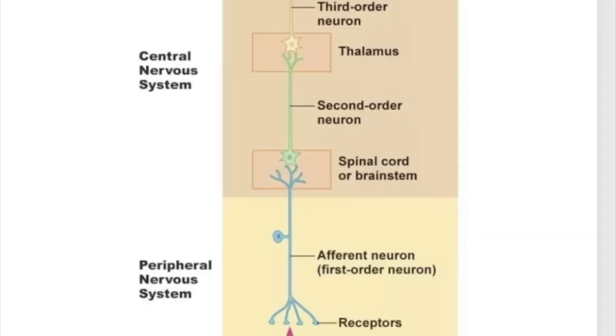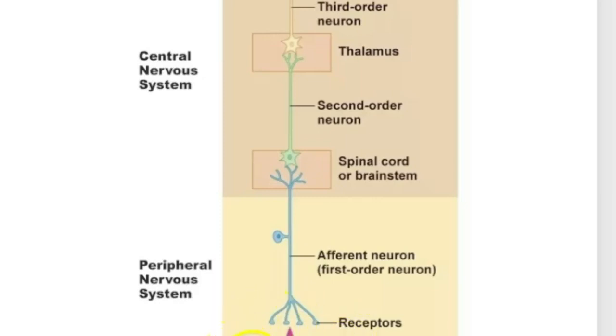We looked at this drawing of this thread that travels from the peripheral nervous system at the site of the stimulus all the way up to the cerebral cortex in the central nervous system. Here's that primary neuron shown in blue.